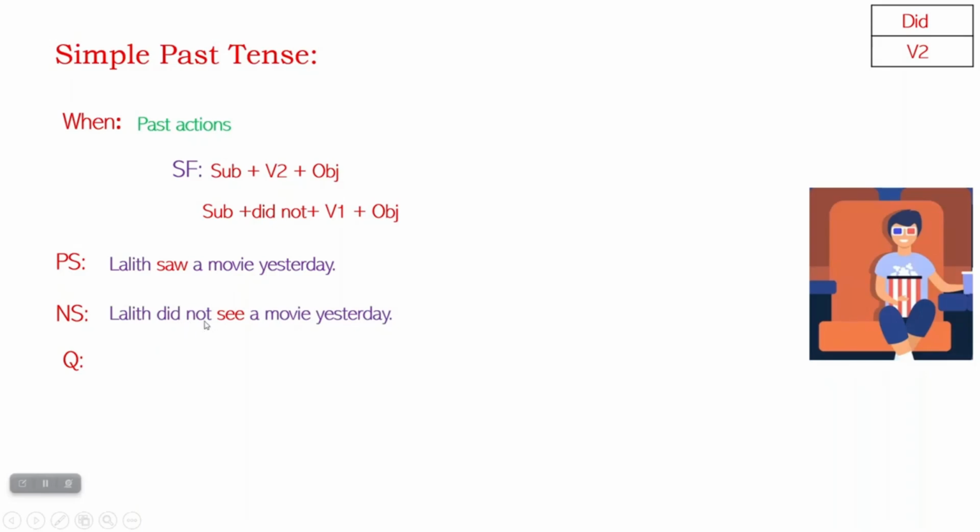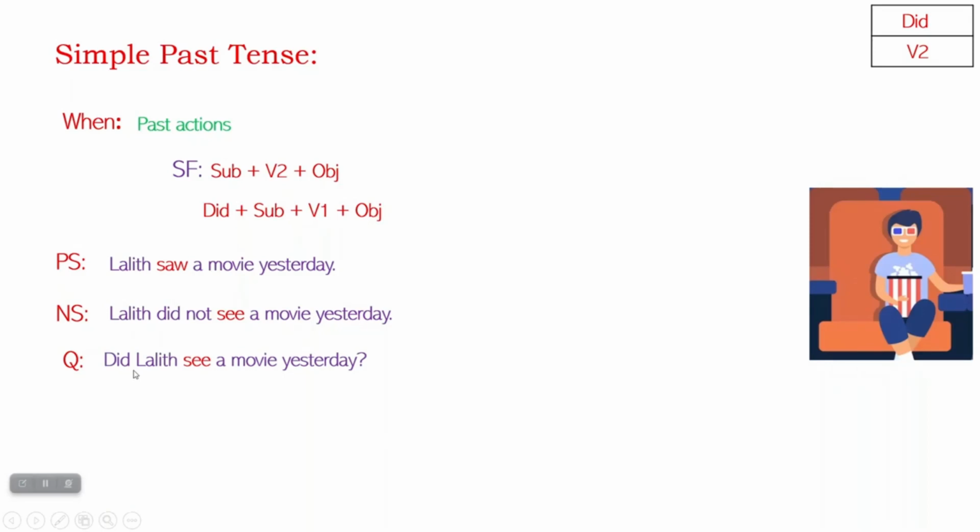If you observe here, we are taking the verb first form, not the second form. So, Lalit did not see a movie yesterday. Always in question formation, the helping verb will come first and the subject will go after. Next, verb first form plus object. Here, take an example. Did Lalit see a movie yesterday?